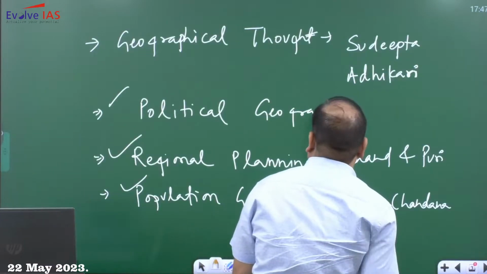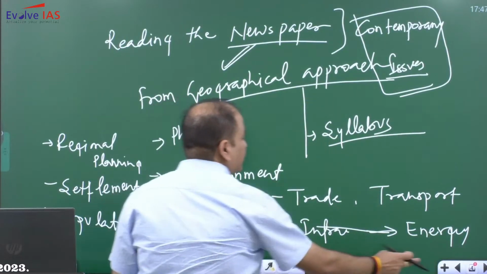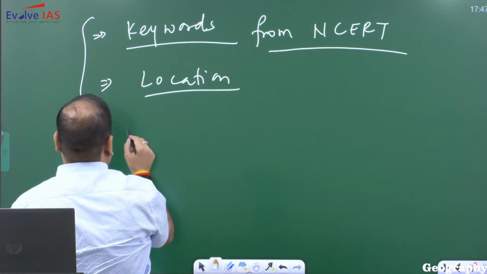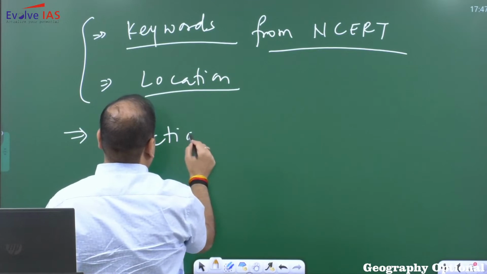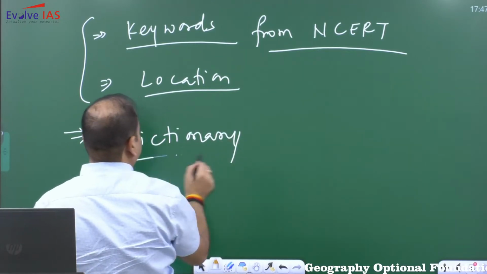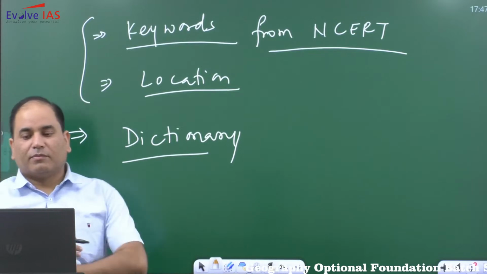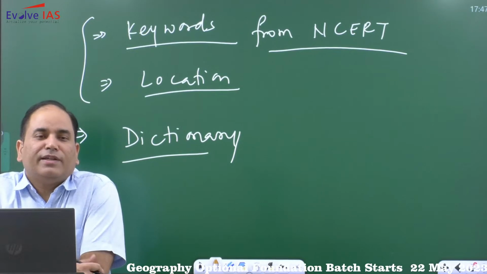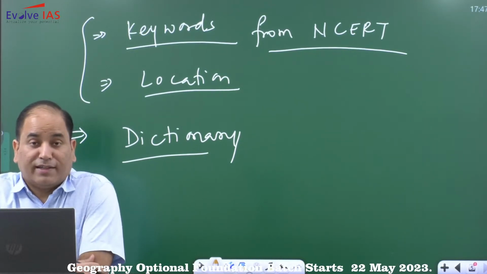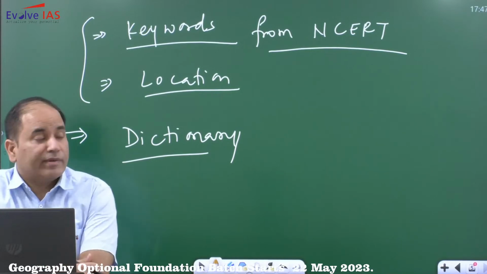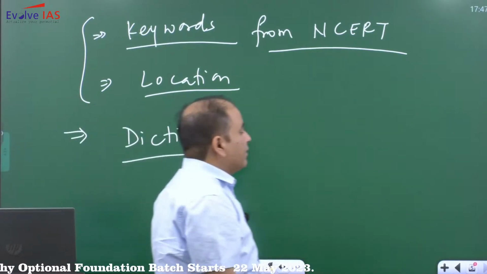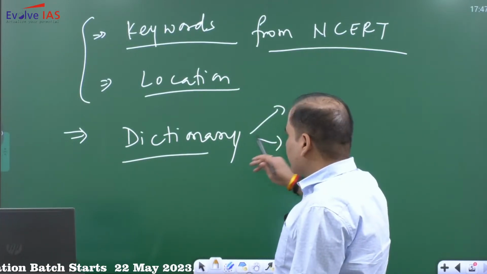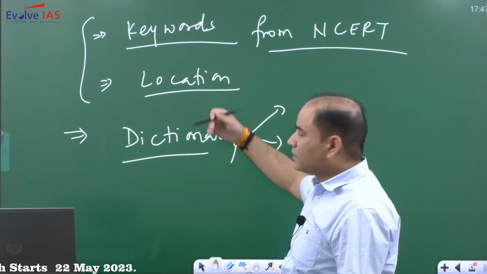Other than this, my suggestion will be that you should have a dictionary. All those who are going to prepare geography optional need to purchase a dictionary. A dictionary will be very helpful. As far as dictionaries are concerned, there are lots of different publications.